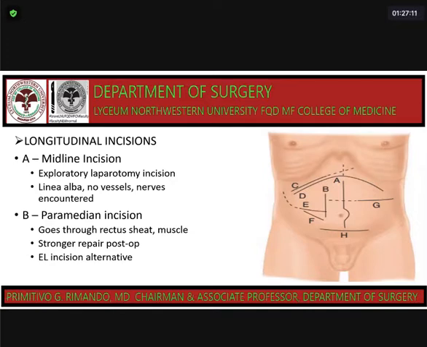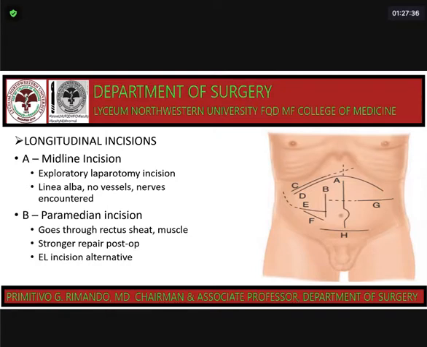And you go through the linea alba. The reason why it's very popular is because when you go through the linea alba, there is no blood vessel to think about. There are no nerves that you're going to encounter. So for example, you are dealing with a trauma patient and you need to open the abdomen very quickly.